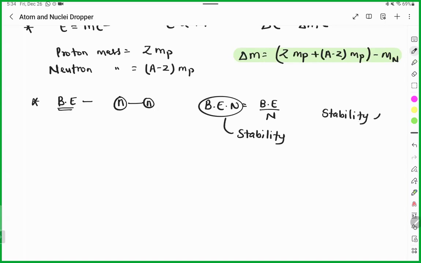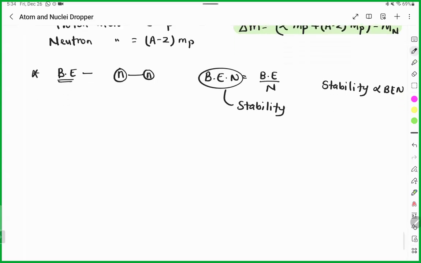Why so? Because if you need more energy to break anything, it means this material is extremely strong. So every nucleus wants to become stable. How? If you have a small nucleus, then it will have binding energy per nucleon very low, and then it will try to fuse.